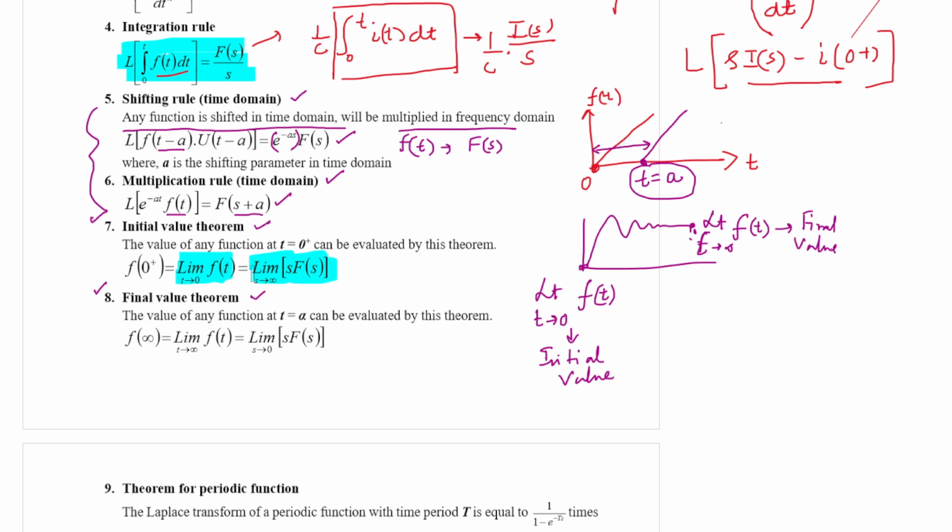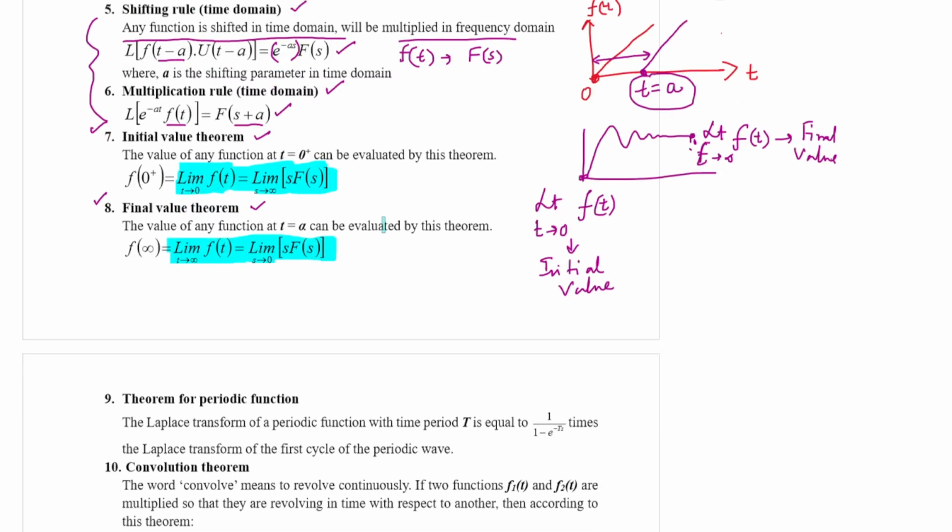That is the formula of the initial value theorem. And for the final value theorem, if you want to calculate the final value, that is, the function value at t equal to infinity, then it should be sF(s), again the same formula, but this time you must evaluate it at s equals 0. So these two are the initial value theorem and the final value theorem.